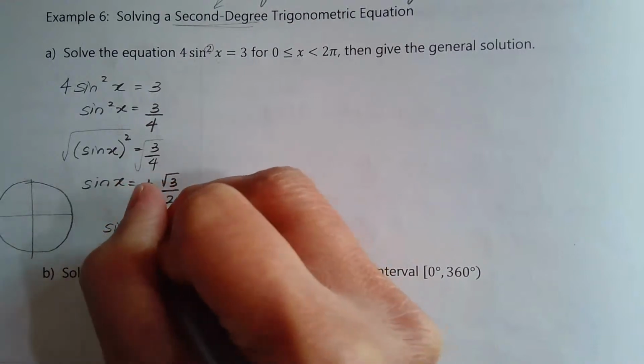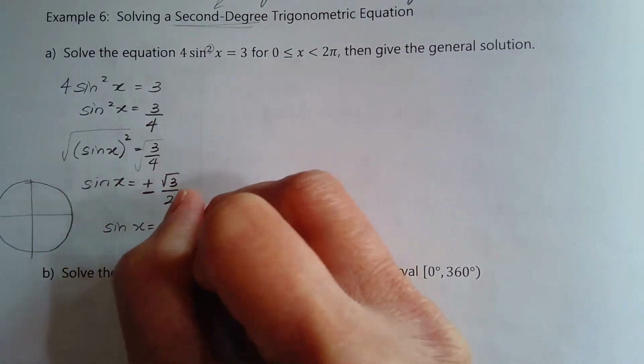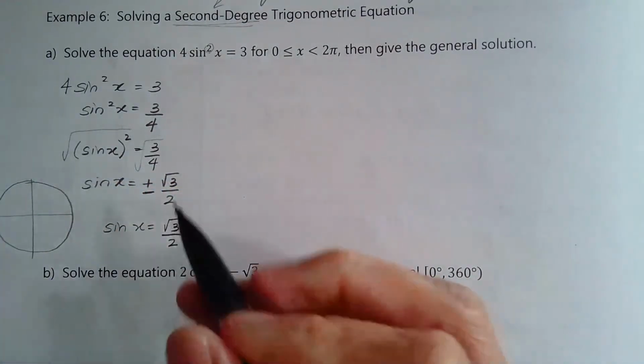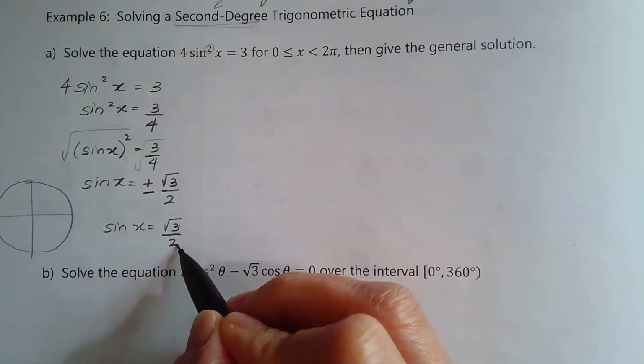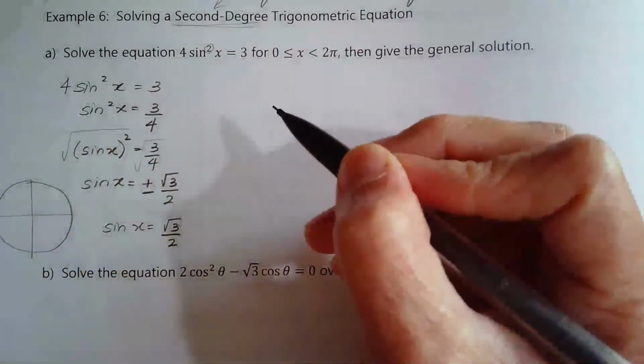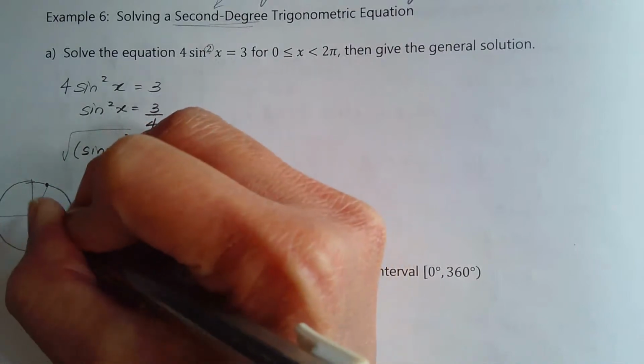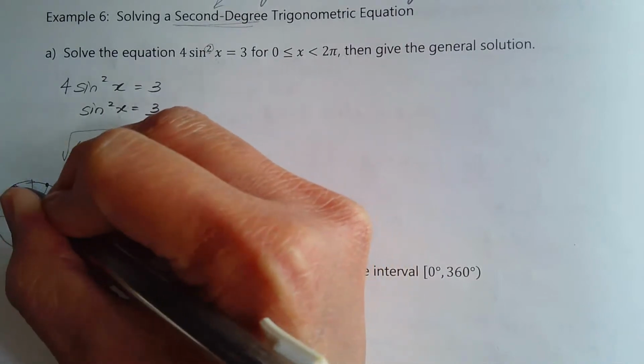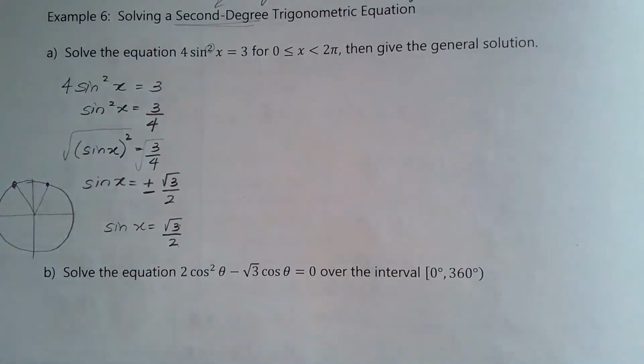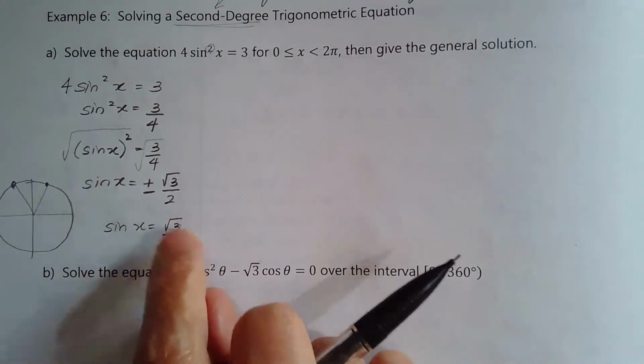Sine of x is positive root 3 over 2 in quadrant 1 and quadrant 2.